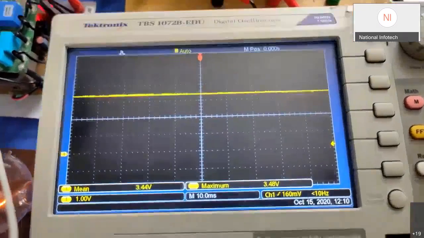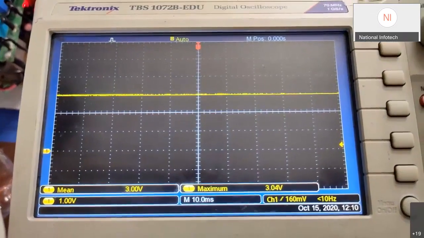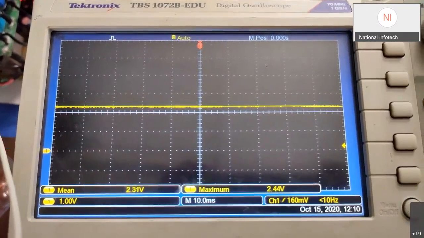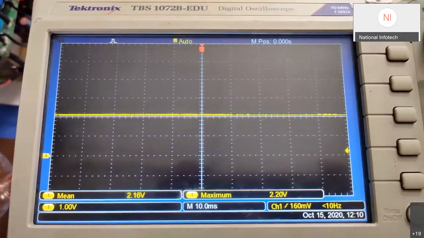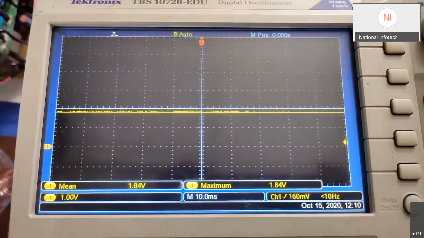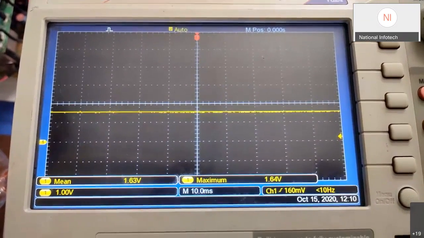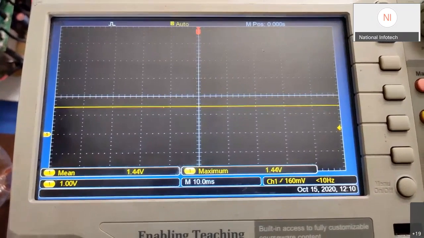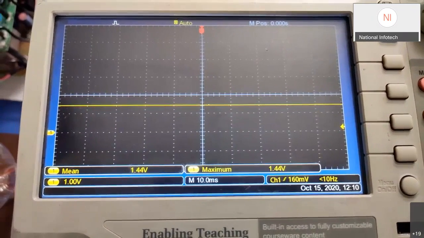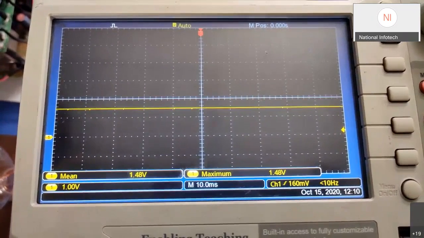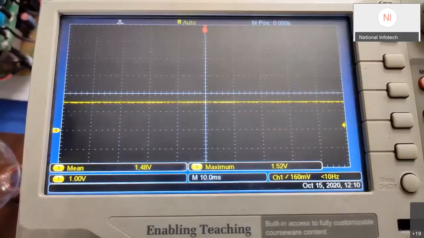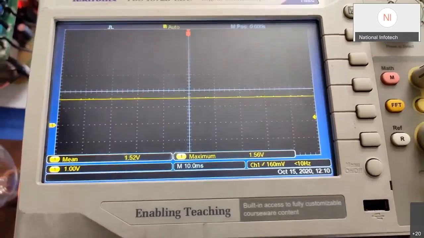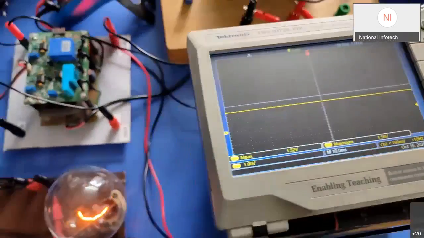I'll set it to 1.5 volt. It is lower than 1.5, so I'll calibrate it further. So it is 1.5 volt.